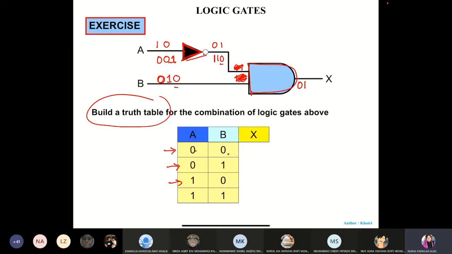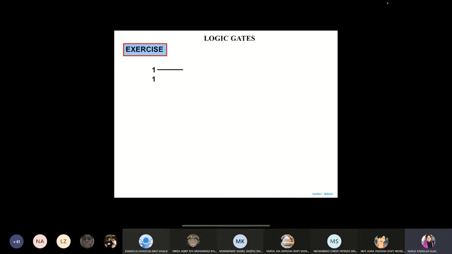So 0 dengan 0 will give you 0 for the AND gate. And finally, 1 here, 1 here. So 1 pass through the NOT akan jadi 0. So 0 here, 1 here will give you 0. Okay, dapat tak? 0, 1, 0, 0. Okay, so that's how you do it.